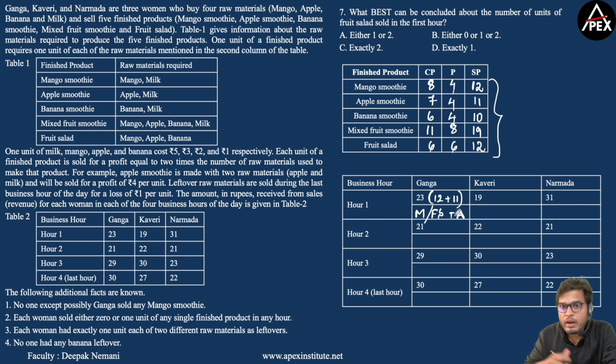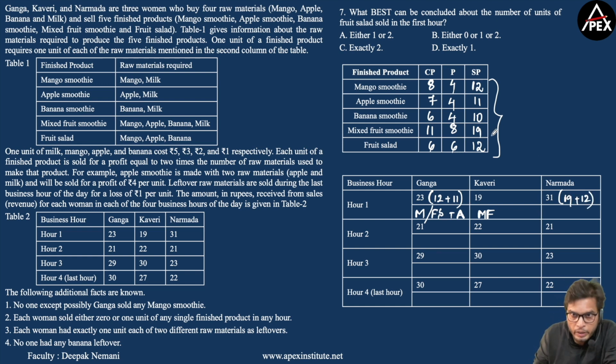right? Now similarly we have Kaveri receiving an amount of 19 rupees. So that can be because of selling 1 unit of mixed fruit smoothie, right? So mixed fruit, I'll be writing that as MF, right? Now we have Narmada receiving 31 rupees. That's because of 1 unit whose price is 19 rupees plus 12 rupees.